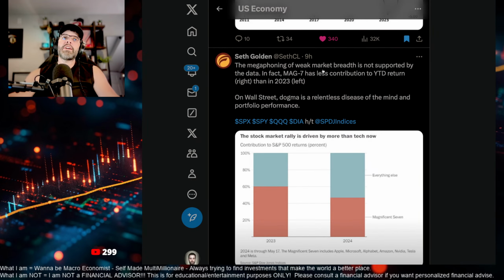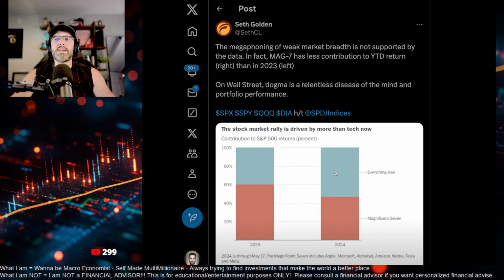But before I go there, Seth Golden: the megaphoning of weak market breadth is not supported by the data. In fact, the Mag 7 has less contribution to year-to-date return than in 2023. On Wall Street, dogma is a relentless disease of the mind, portfolio, and performance. And again, the dogma, the narratives, all the stuff that's wrong.